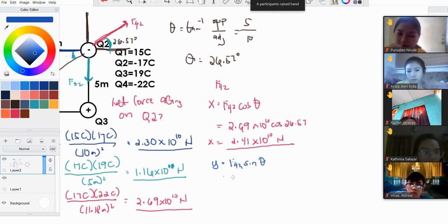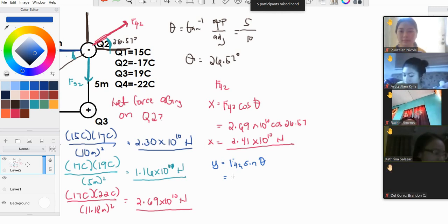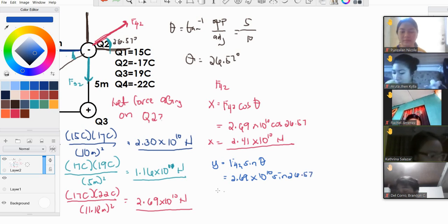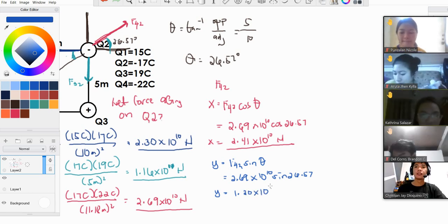F42 sine angle. 2.69 times 10 raised to 10 times sine 26.57 is equals to 1.20 times 10 raised to 10 Newton.